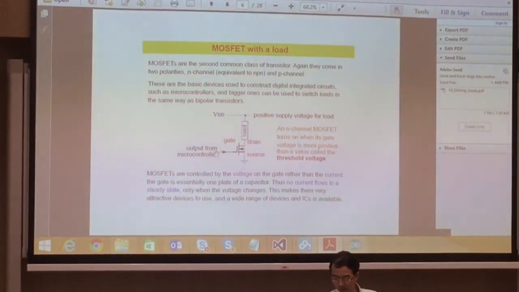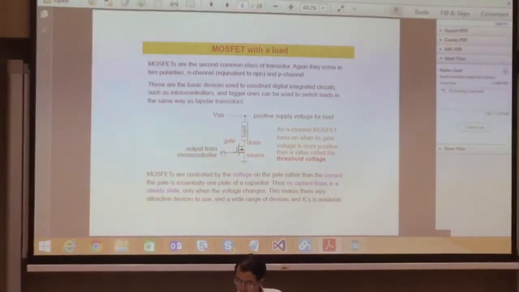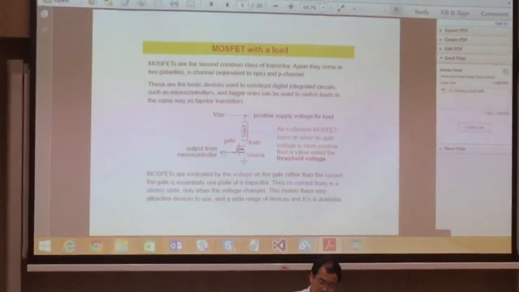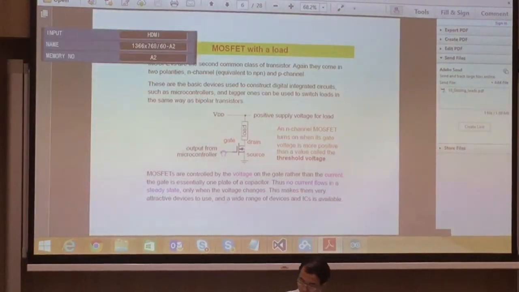So the gate here only takes in the voltage. So for the MOSFET, the operation is actually even simpler. You can view the MOSFET as a switch. So you have a MOSFET here.